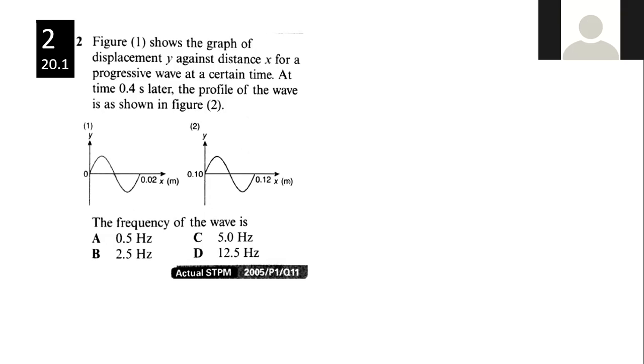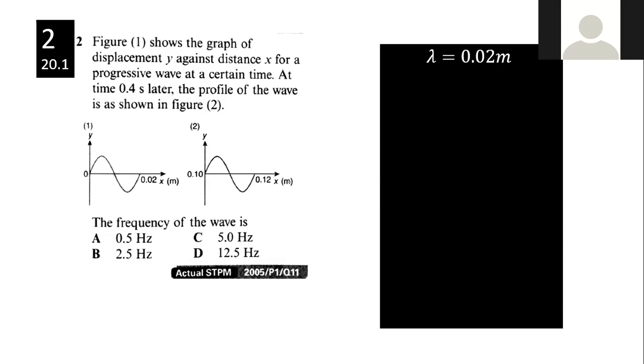Donkey also. Okay, first we have to calculate the wavelength. From this diagram it is 0.2. Then you can calculate the speed. We can refer to one point here. You have to move a distance of 0.1, right?